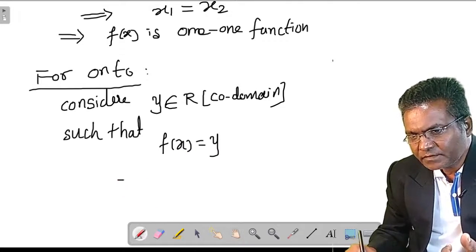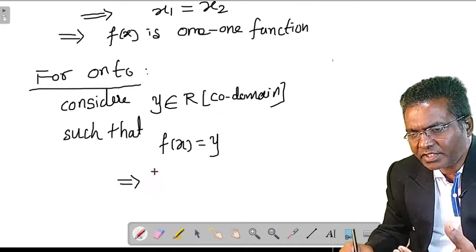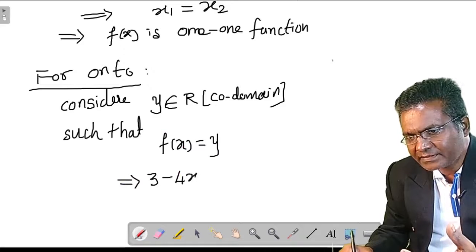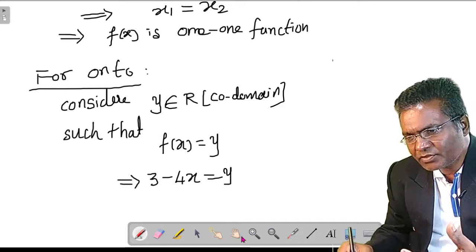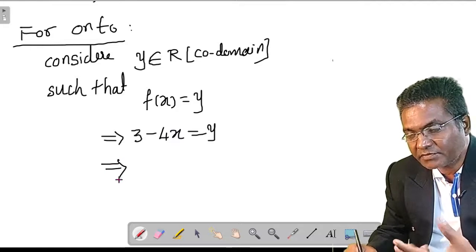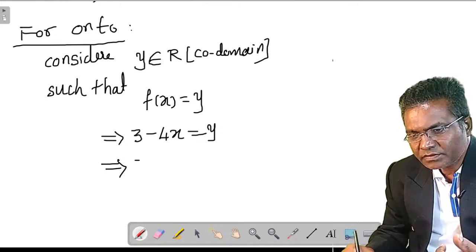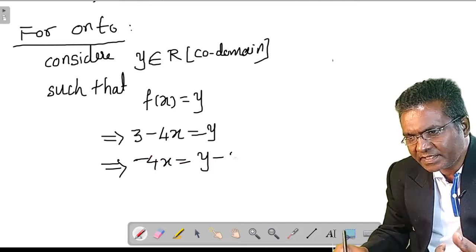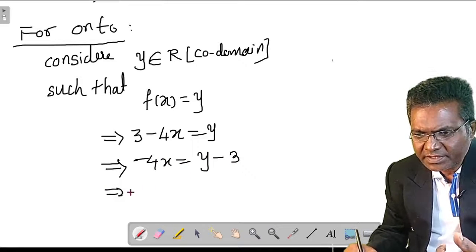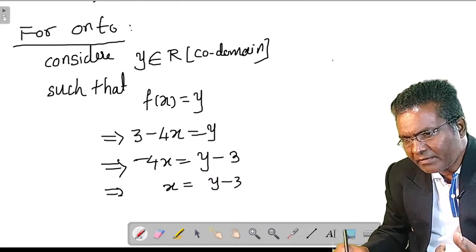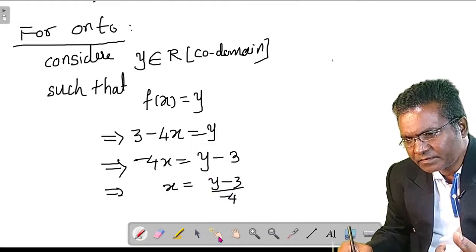Now this implies, according to the definition, f of x is 3 minus 4x equals y. Now we have to search for x. So minus 4x is equal to y minus 3. This implies x equals y minus 3 by minus 4.